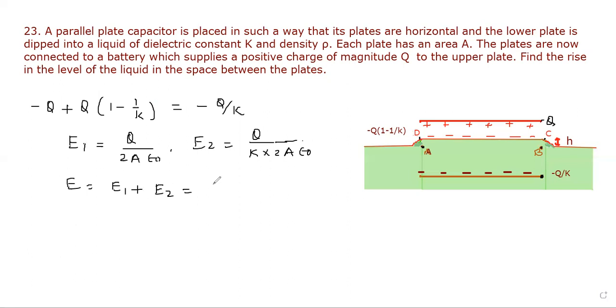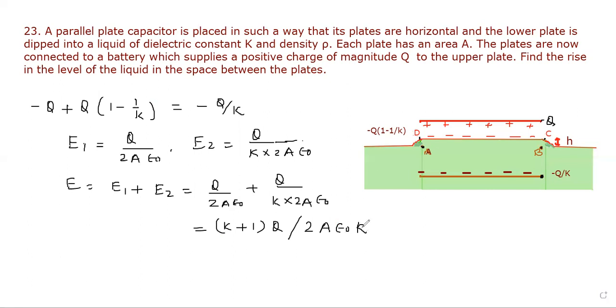So we can write it as Q upon 2A epsilon naught plus Q upon K times 2A epsilon naught. If we take LCM and then take common, we will be left with K plus 1 times Q divided by 2A epsilon naught K.